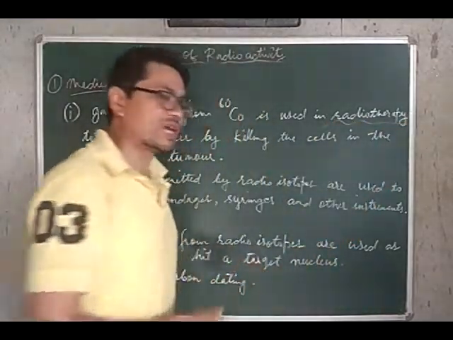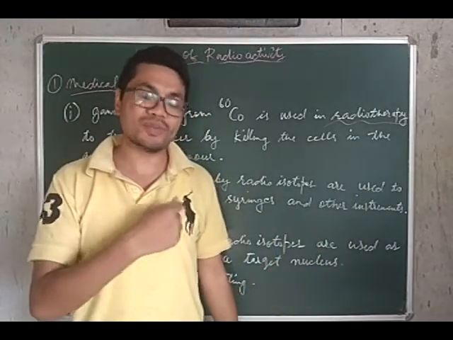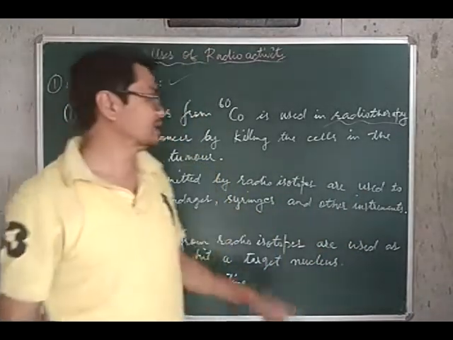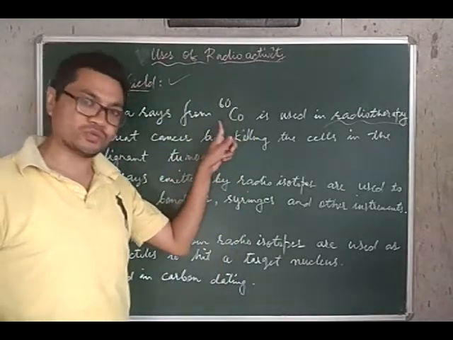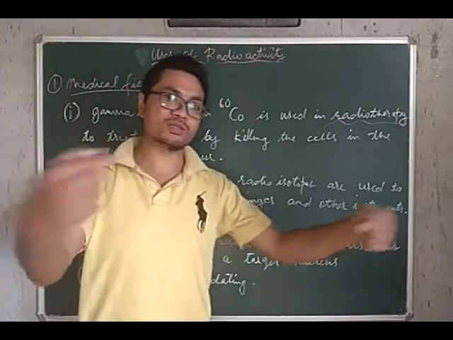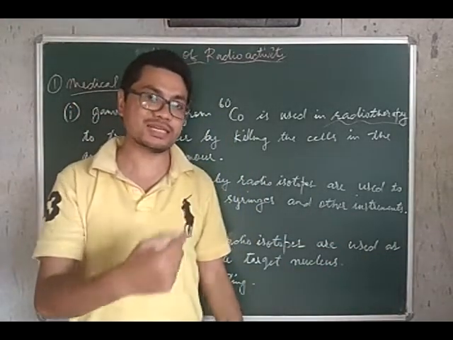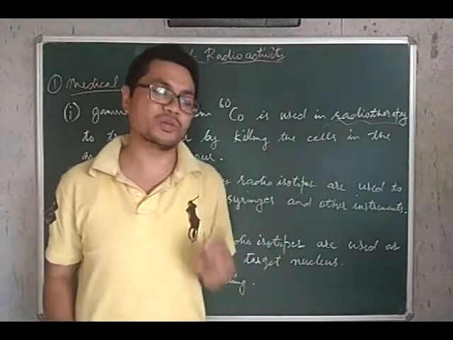In radiotherapy the cancerous cells of the patient are hit by gamma radiations from the radioactive isotope of cobalt 60. These gamma radiations hit the cancerous cells and kill them. So that is what is called radiotherapy, remember.